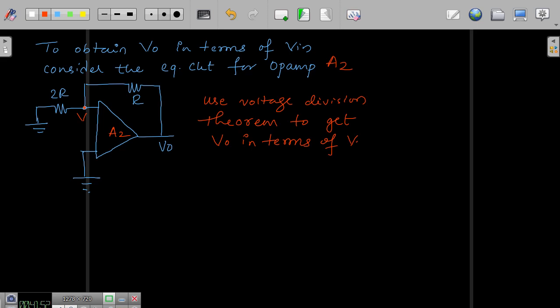This voltage is the total voltage into resistance of the same branch divided by total resistance. So V here in this case is equal to V0 into 2R divided by 2R plus R. So this should give you V0 equal to 3 by 2 V. Am I right? Please check.